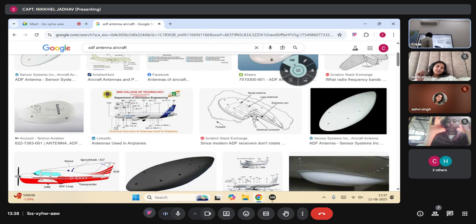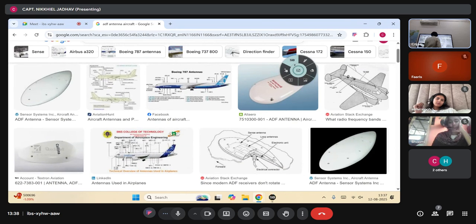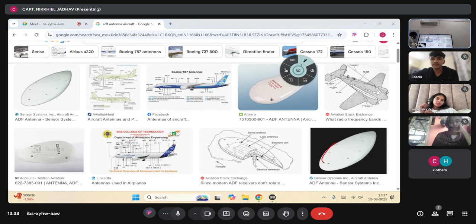Basically, the ADF antenna on an aircraft looks like this. You can see multiple images. It will have a loop aerial and sense aerial on it. It will be on the top or bottom of the aircraft, fixed somewhere there, the flat thing.